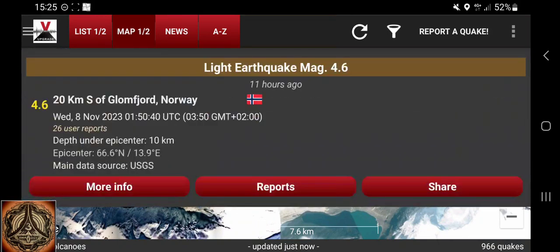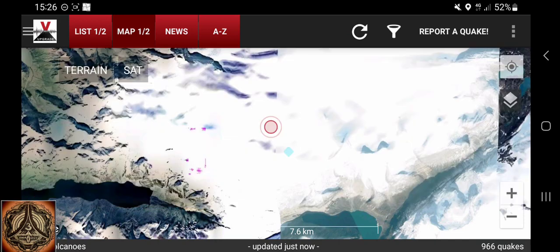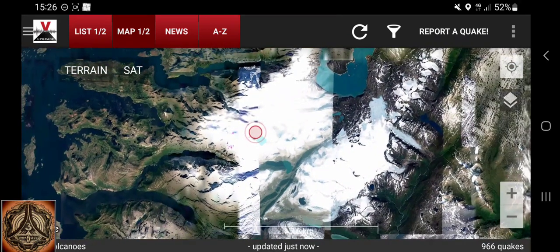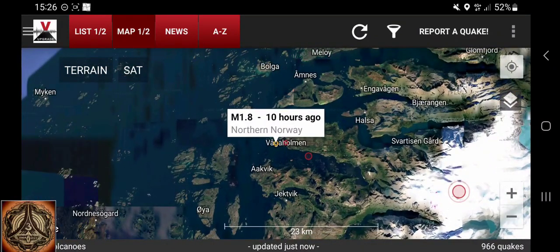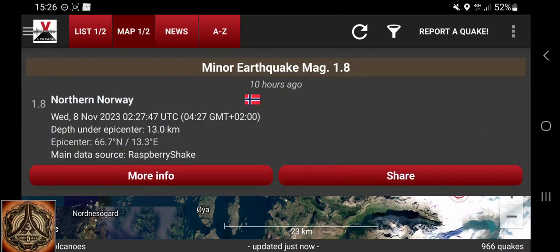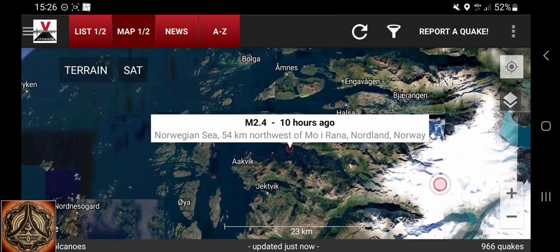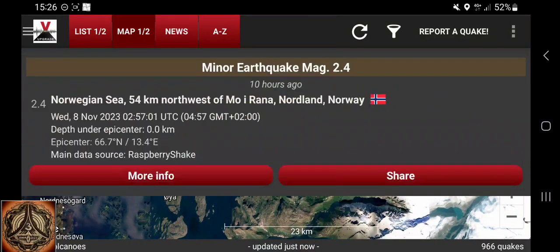Mountain water once again. Depth 10 kilometers doesn't really tell us anything, because 10 kilometers is a basic depth, if they don't want to tell the depth. 10 hours ago, this seems to be a deeper one, 13 kilometers. That's 0 kilometers in depth.